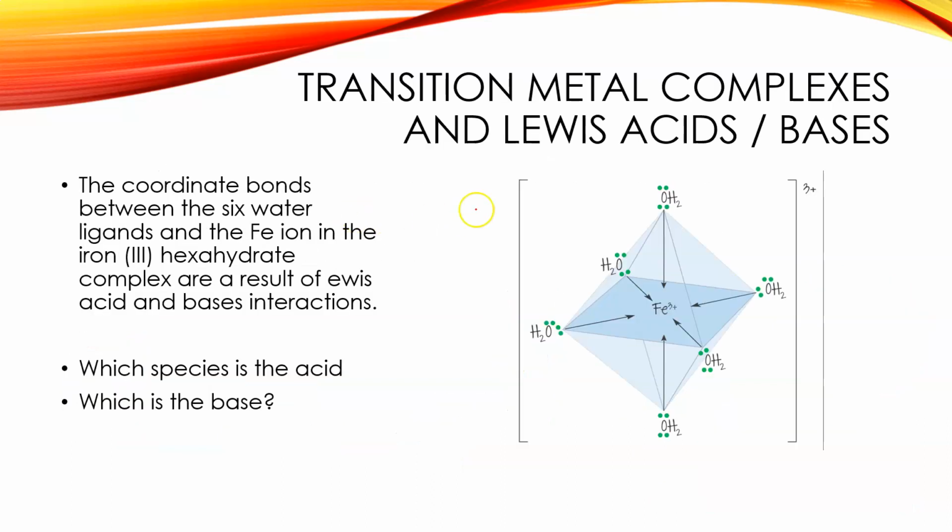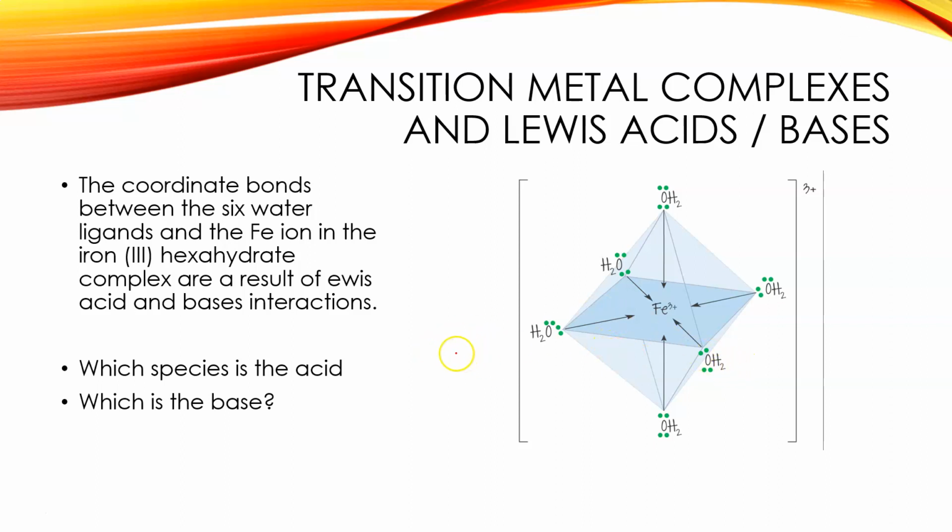As we've been saying, the coordinate bonds between the ligands and central transition metal ions in transition metal complexes are examples of Lewis acids and bases. The coordinate bonds with the 6 water ligands on the iron complex here in iron 3 hexahydrate are a result of Lewis acid and base interactions.